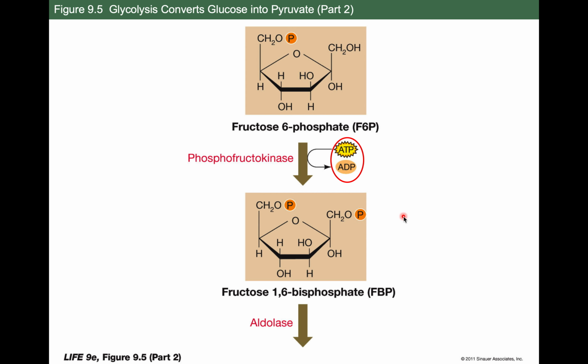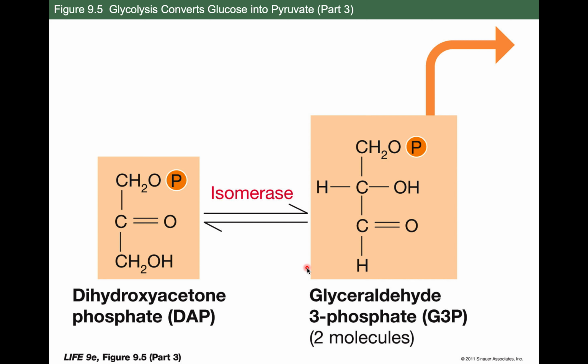We rearrange that glucose in step 2 to make fructose 6-phosphate. Then in step 3, we spend a second ATP to attach a second phosphate group. In the next step, we split this 6-carbon sugar into 2 3-carbon pieces. One of those pieces is the molecule DAP. The other is this 3-carbon sugar, G3P.